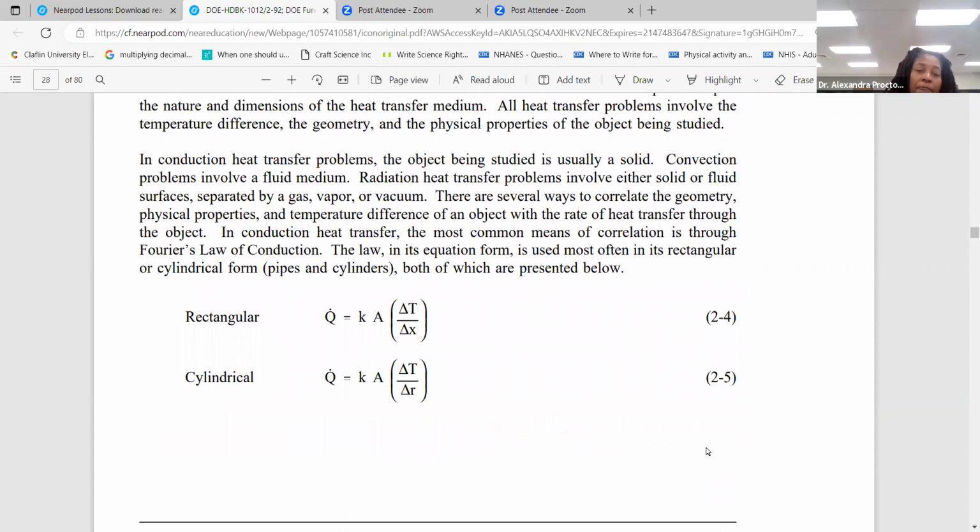For the rectangular form, Q is equal to K, A times delta T over delta X. In cylindrical form, Q is equal to K, A times delta T over delta R.